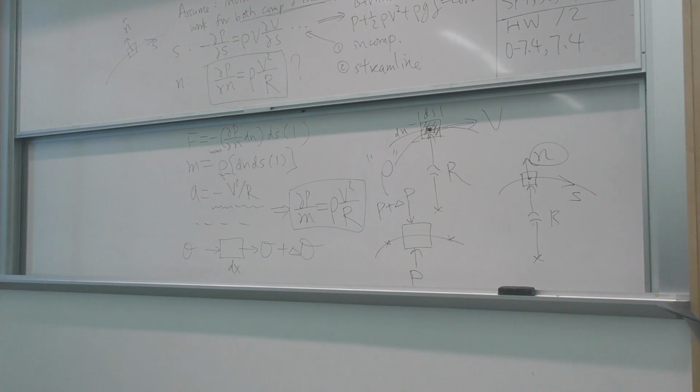Or if I have an air nozzle, the air coming out from the nozzle also has ambient pressure inside. Why is that? We will try to answer that by way of this Euler equation in the n direction.